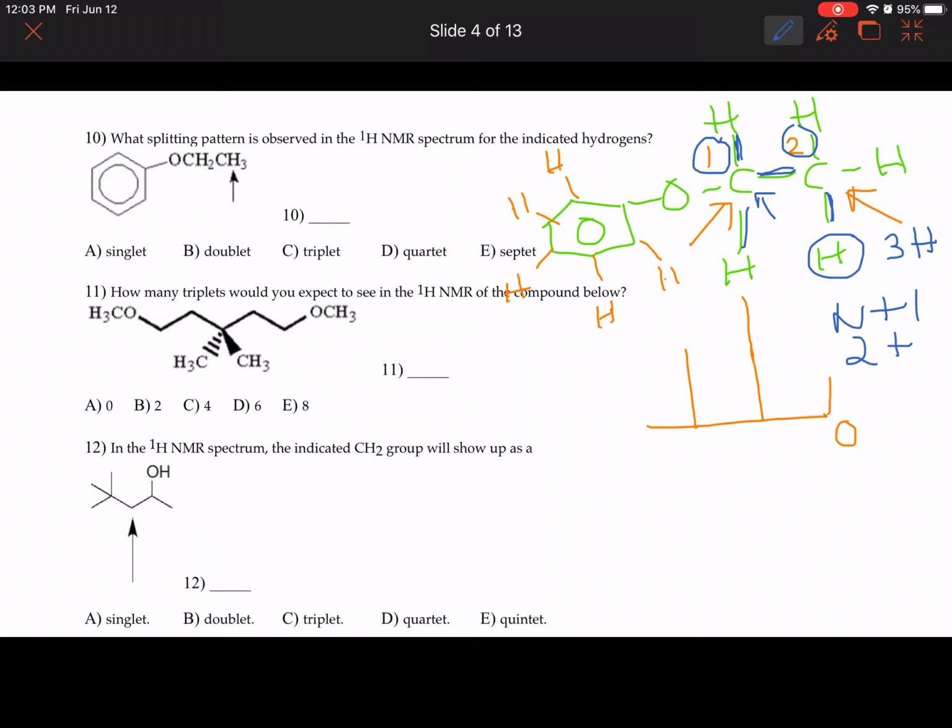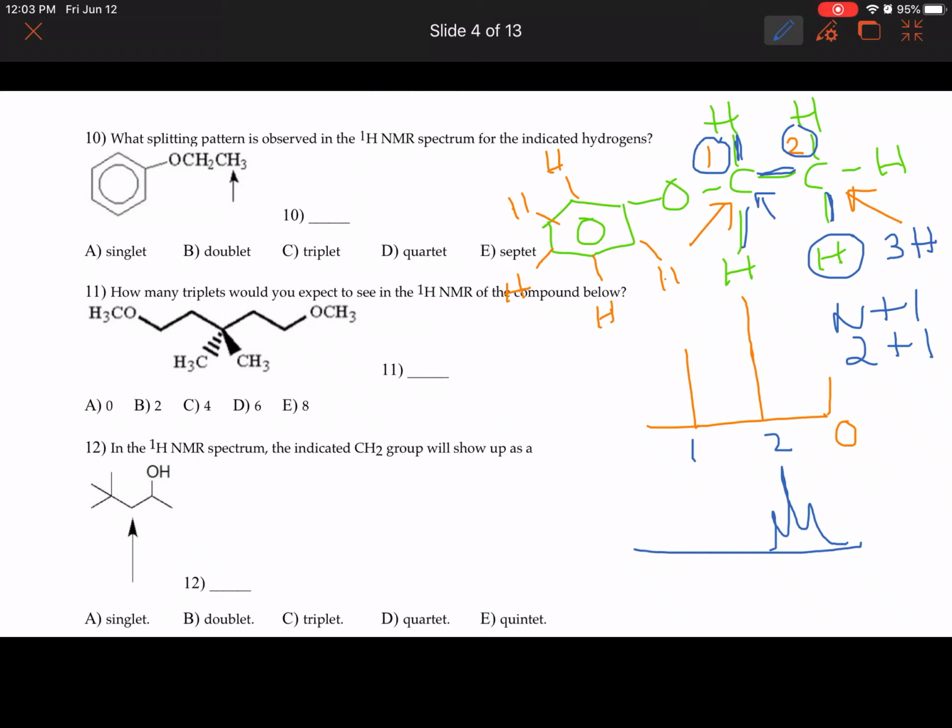So 2 plus 1. So carbon 2 will split to a triplet due to the 2 hydrogens on carbon 1. So if you look at the splitting pattern, this is going to be number 2 carbon, number 1 carbon. So the number 2 carbon will be a triplet due to the 2 hydrogens on carbon 1.